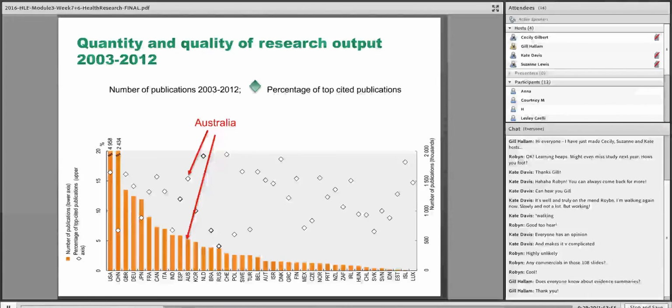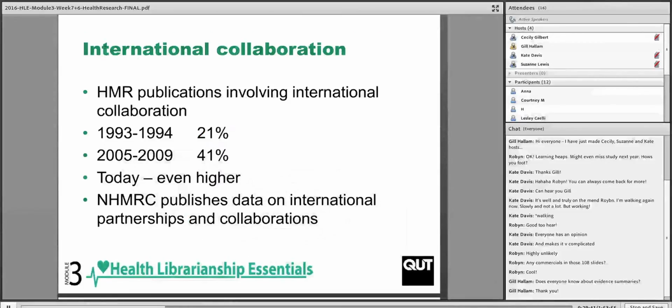So you could argue that Australia is punching above its weight, so to speak, that in terms of the number of publications that are presented and published, there's quite a high impetus there to have top cited publications in there as well. So it's a different graph to translate some of that research.